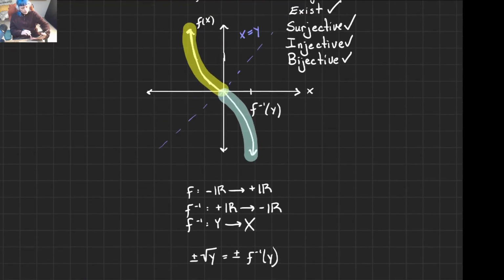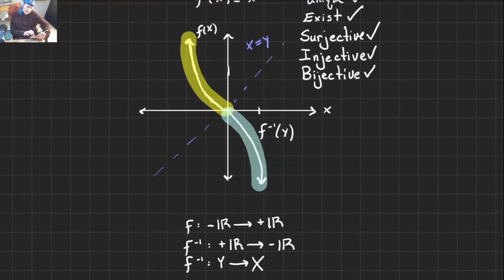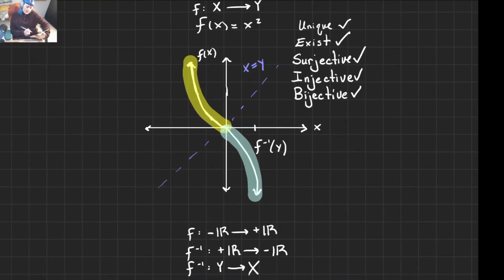And if we look back at our graph, then we can see f inverse of y. It does look like the square root function reflected across the x-axis, because, let's see, the x-axis.